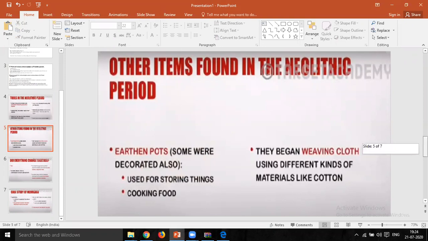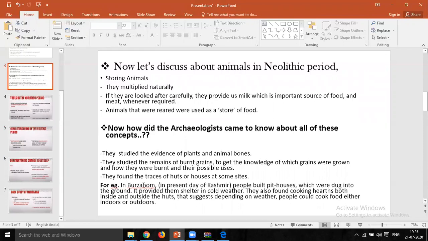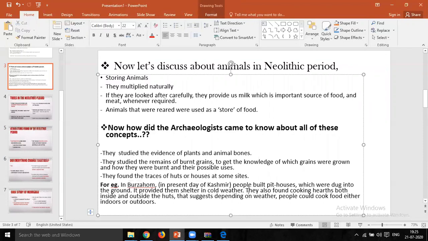In yesterday's lecture, we had seen about the animals that were being used in the Neolithic period. And we came to know regarding how the archaeologists studied about certain concepts, and with an example we had seen in a place called Burzahom, how the people used to build their houses.